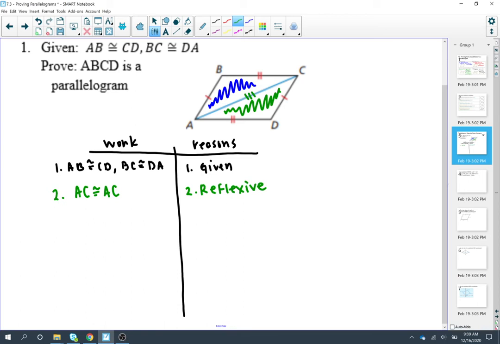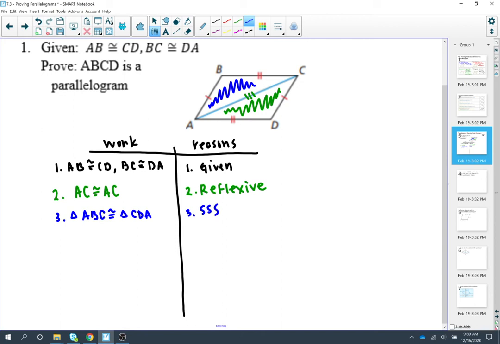Now, once I know that, I have side, side, side, which tells me the triangles are congruent. So number 3, I'm going to say triangle ABC is congruent to CDA. And that is because of side, side, side.